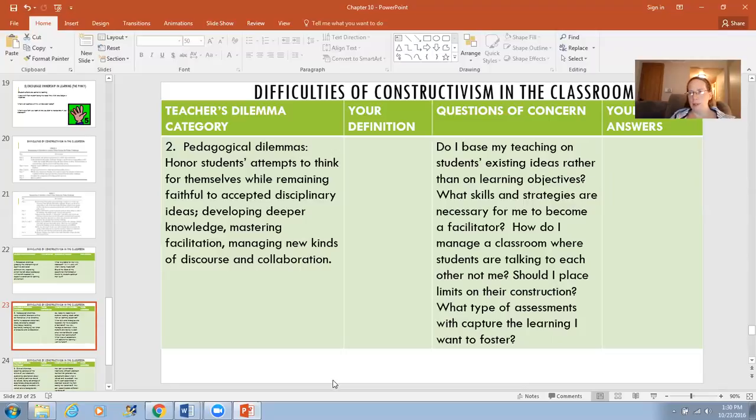So normally it's some kind of detail that's keeping them from really aligning well with what the current disciplinary ideas are. We want to help them develop deeper knowledge. We want to master facilitation. So we want to master the idea of we're helping them learn. We are working with them and their ZPD. And then managing new kinds of discourse and collaboration.